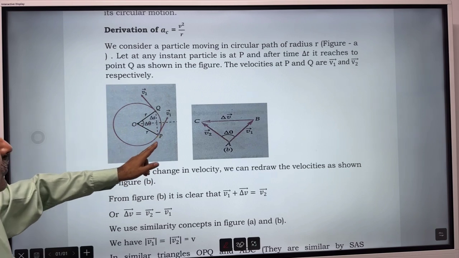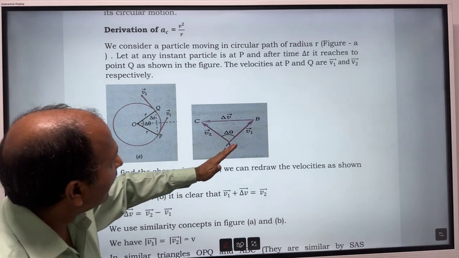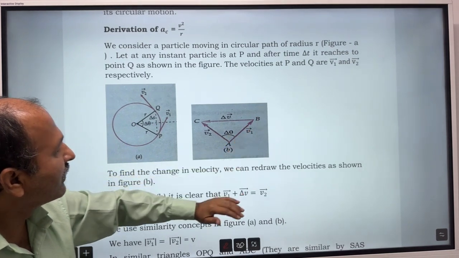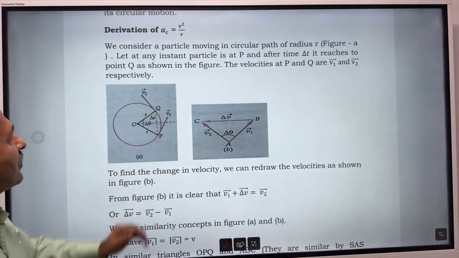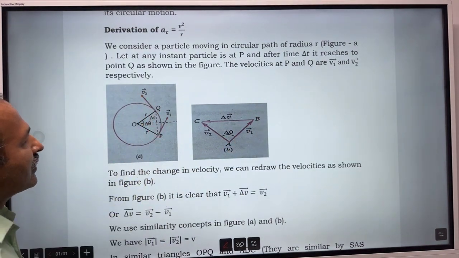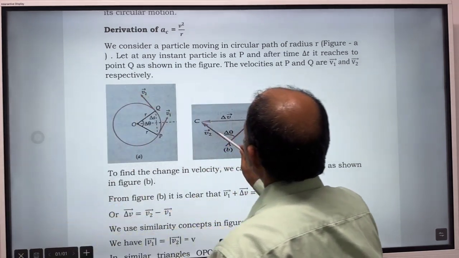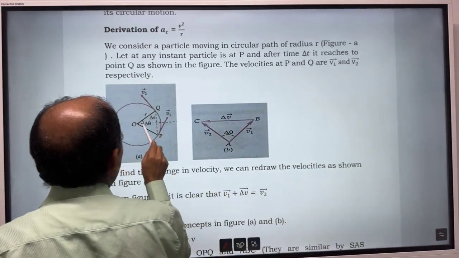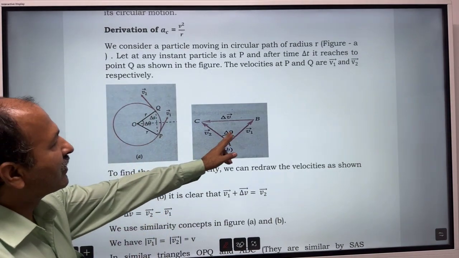Now corresponding to this velocity, here I have drawn the AB vector which is representing V1, and corresponding to this point the velocity is in this direction, so that velocity is represented like AC. And here if you see, this angle is delta theta, the same thing is shown here.